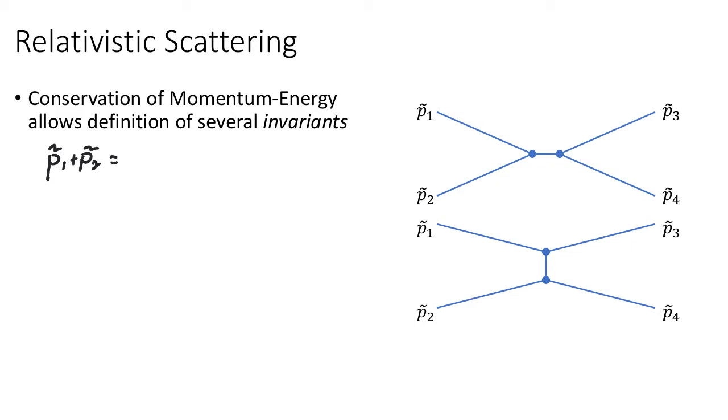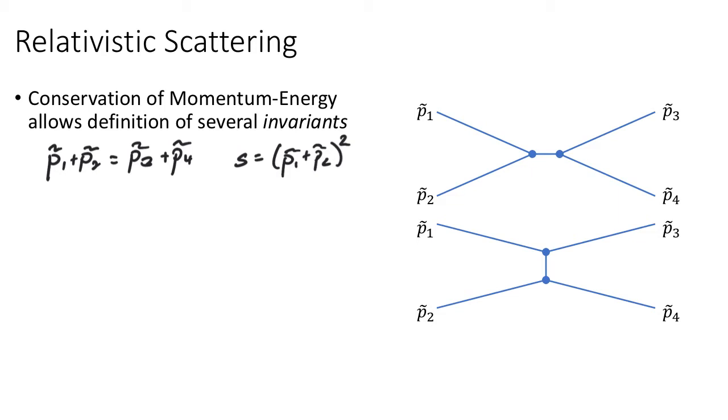And the initial P1 and P2 will be conserved, and it will equal the total at the end, so P3 plus P4. We can define a scalar by taking these 4-vectors and doing the 4-vector scalar product of them. So we can define S, the variable we call it, using the P1 plus P2 version, squared.